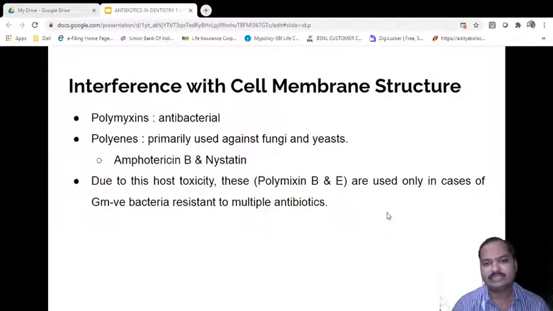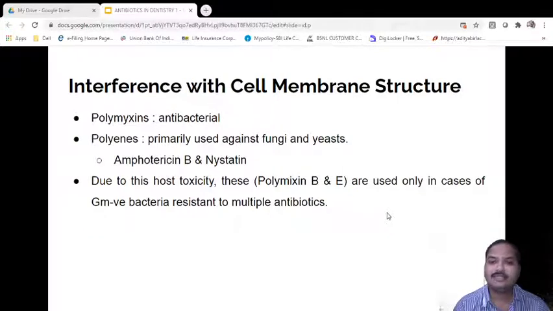Polyenes, which have more effect on fungi or fungal diseases, bind to the sterols of the plasma membrane of the microorganism and result in alteration of the membrane permeability.